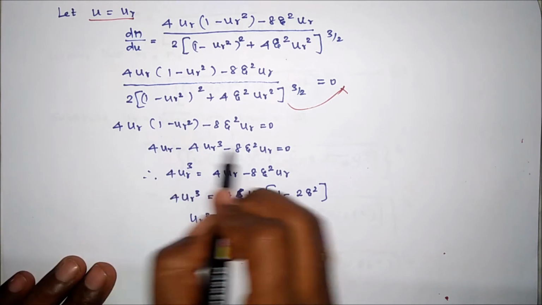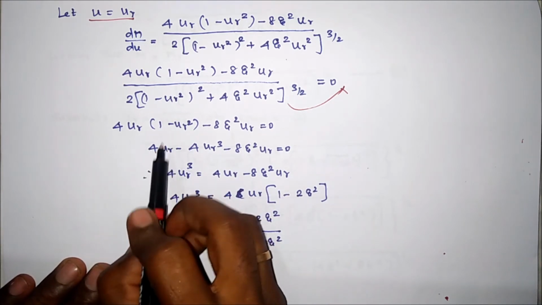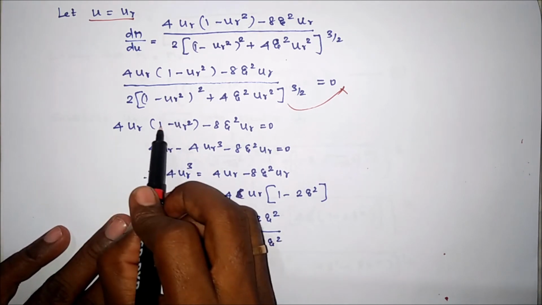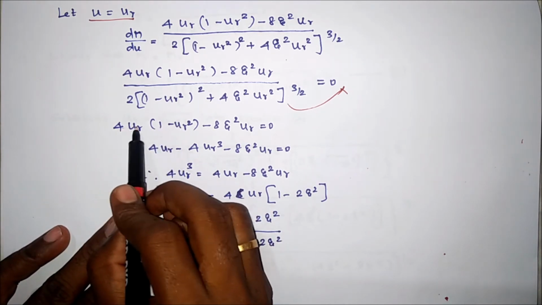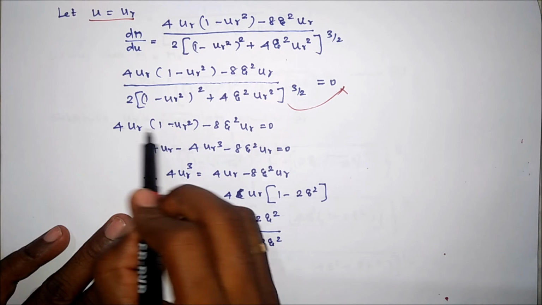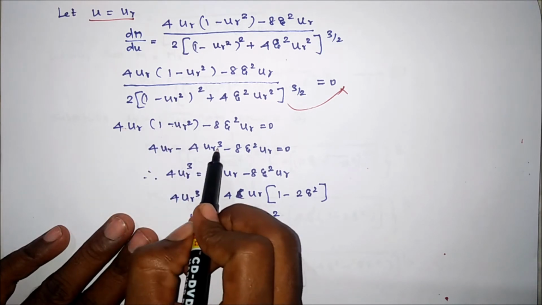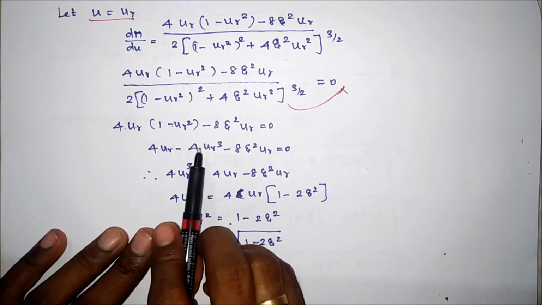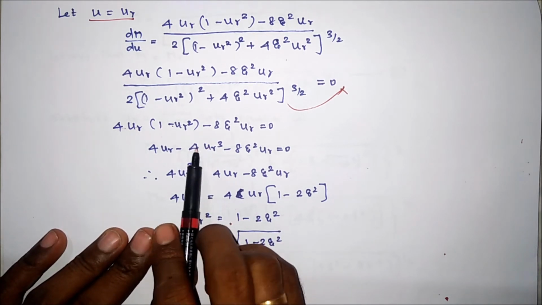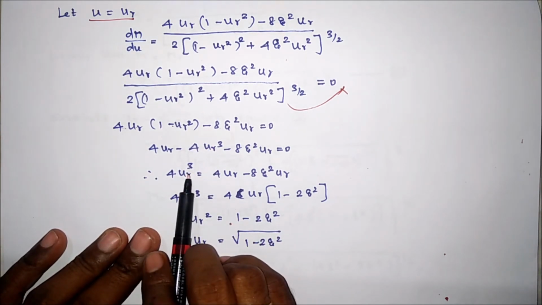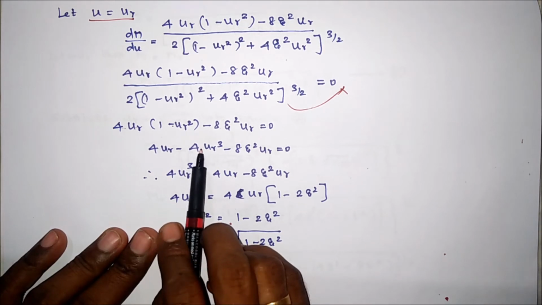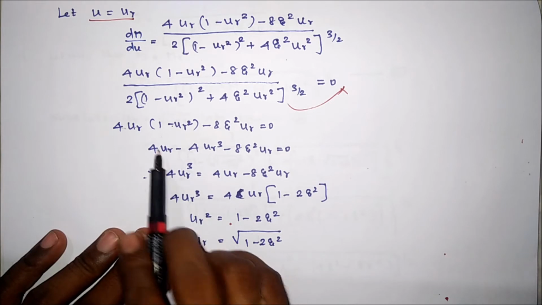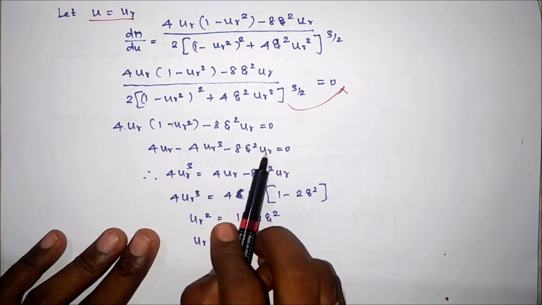So now we have to multiply this inside. So it will become 4 into ur minus 4 into ur cube minus 8 eta square ur equal to 0. Now we can take 4 ur cube to the right-hand side. So 4 ur cube equal to 4 ur minus 8 eta square ur.